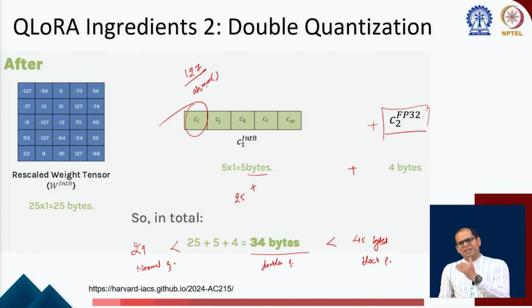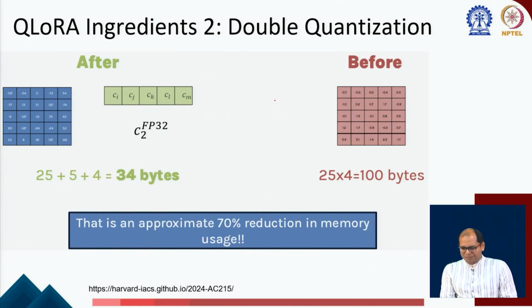So abs max comes in the denominator, so it will not be a large number that will impact the storage of these integers, these constants. Okay, so that's double quantization. So yeah, we went from 100 to 34, which is still a huge reduction, roughly 70% reduction in the memory in this particular toy example, right?